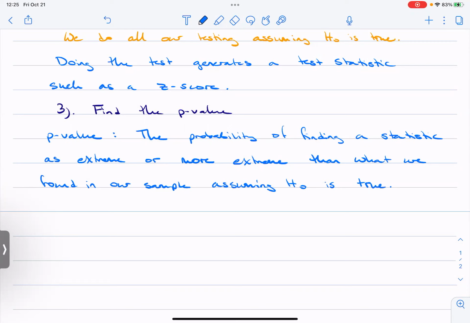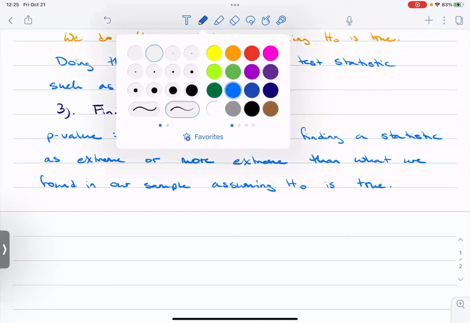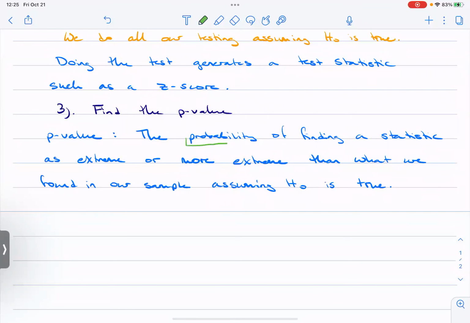So a probability, right? What helps is knowing that I have a z-score, which means I'll be able to use the z table to find probabilities, right? And so here, the probability is an area under the curve. Of finding a statistic as extreme or more extreme, right?